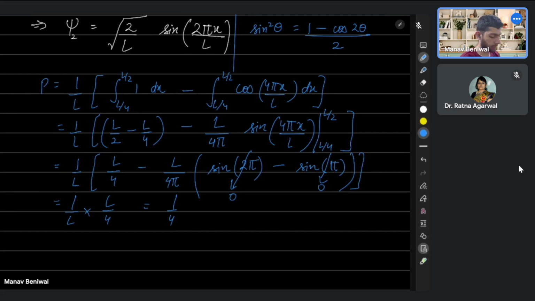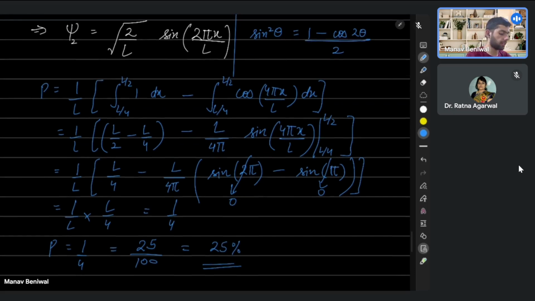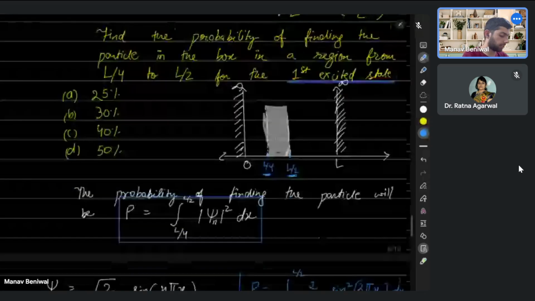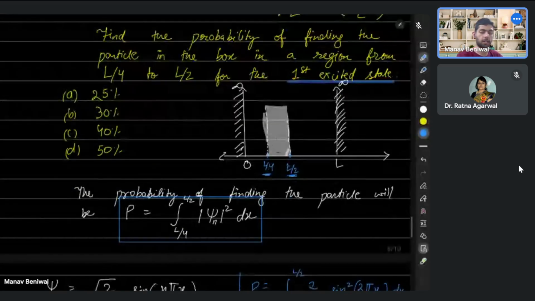So writing in terms of percentage, we get P as 1 by 4, or this is nothing but 25 over 100 or 25%. Okay. So this is the probability of finding the particle between L by 4 and L by 2 in the first excited state.